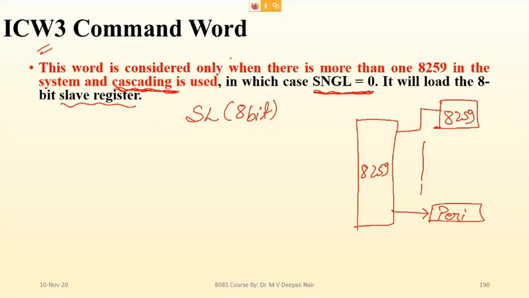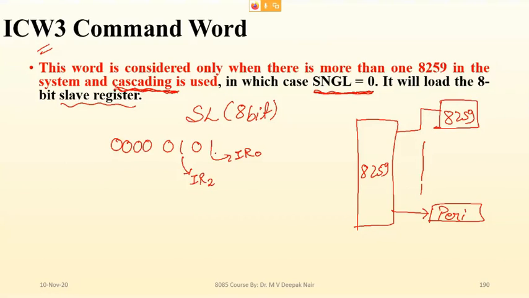Therefore, the slave register will tell you on which lines we have the slaves. For example, the slave register is 8-bit. So suppose 00000101 is the content of the slave register, then it is very clear that IR0 and IR2 have slaves.